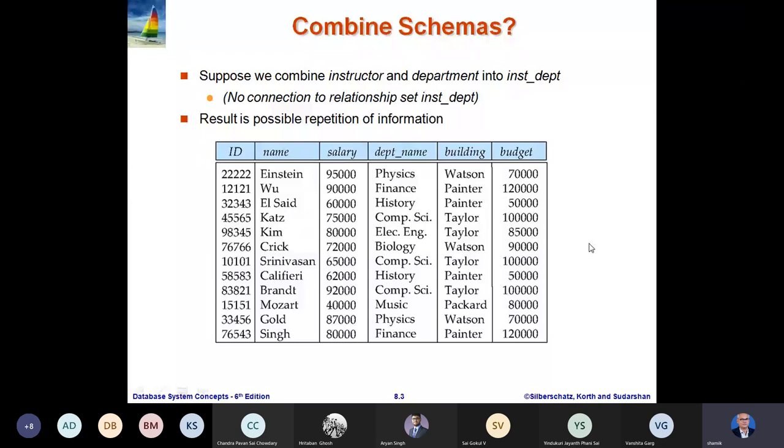Of course, for this example we all understand the concept of a department being housed in a building and having a budget, and so on.